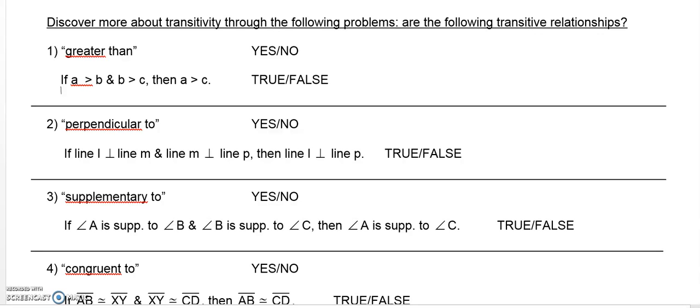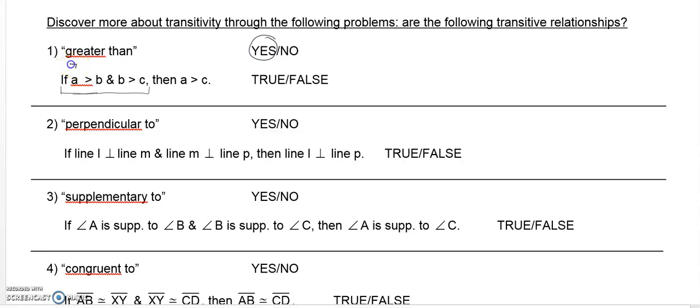So looking at greater than, this is going to be a transitive relationship. If we're looking at what's given to us in the beginning part of this example, if A is greater than B and B is greater than C, what can we conclude? In this case, I'm just going to apply some numerical values to A, B, and C just so you can see that a transitive relationship is formed.